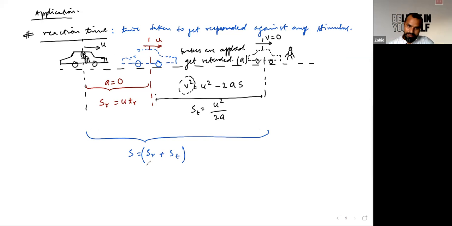So by calculating this distance, compare it with the initial separation of the car and the individual. Let the initial separation be d. If s is less than d, it means no collision. And if s is greater than or equal to d, it must collide.